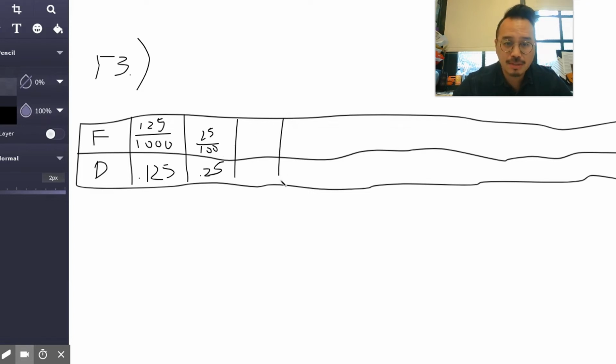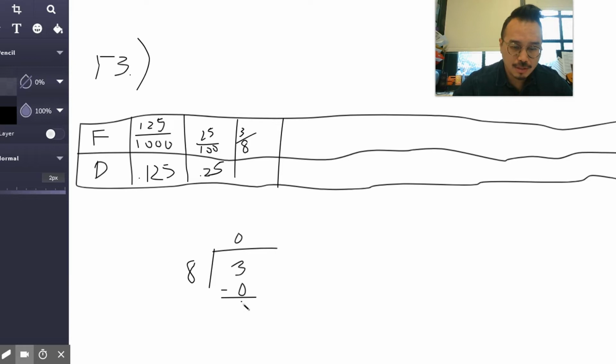3/8. Now I hope I did this in class with you, where we did all the most common fractions. So this one I'm gonna do with you on the side, in case you forgot. 8 doesn't go into 3, so that's 0 times. So 3, add a decimal. Now you're going beneath that whole number, underneath the whole number, so you're gonna add a 0 to keep the game going.